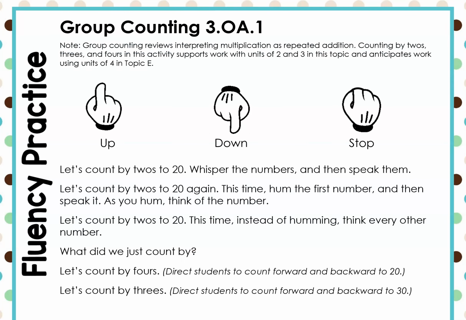But first, we're going to warm up our brains by doing some skip counting. We're going to count by 2s to 20. We're going to whisper the numbers and then speak them. For example, I'm going to say 1, 2, 3, 4. I want you saying it with me or thinking it in your head.